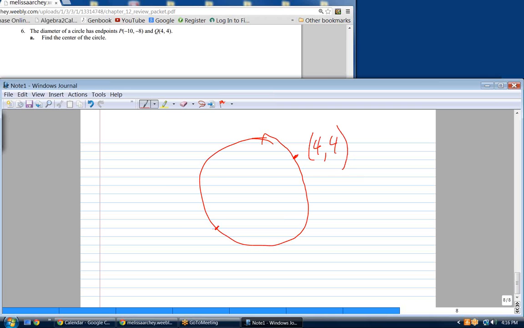And the other endpoint is at (-10, -8). This is overlaying a grid. And the only thing they're telling us is that those are the endpoints of the diameter.